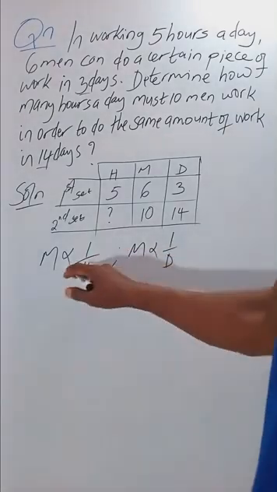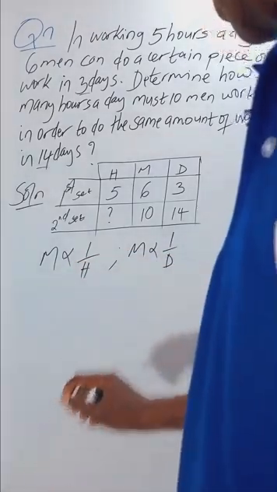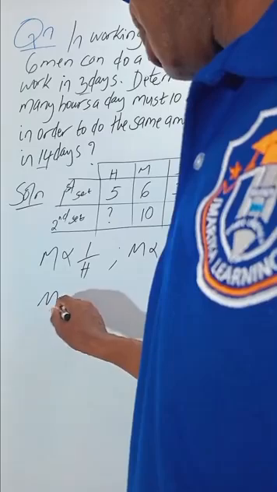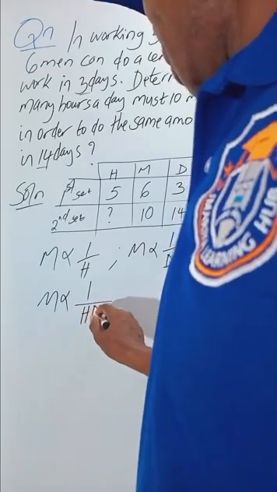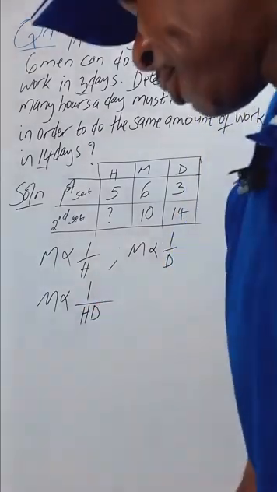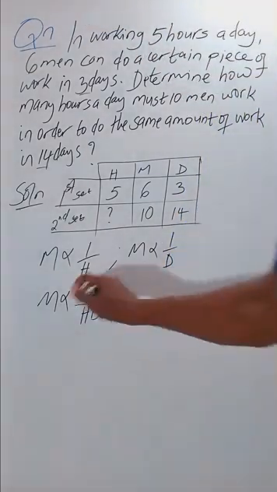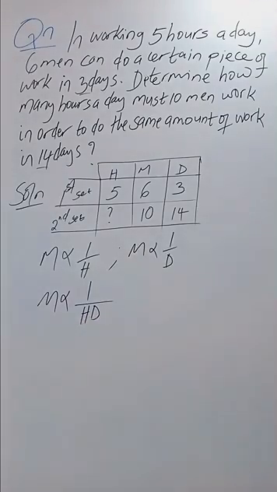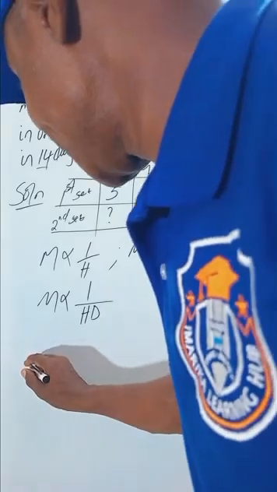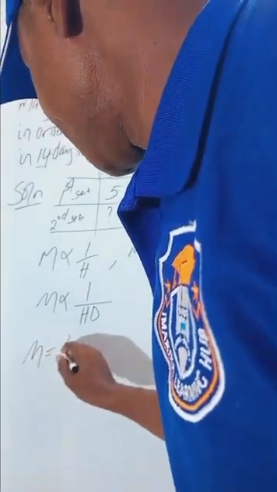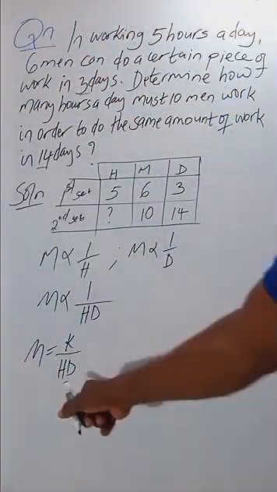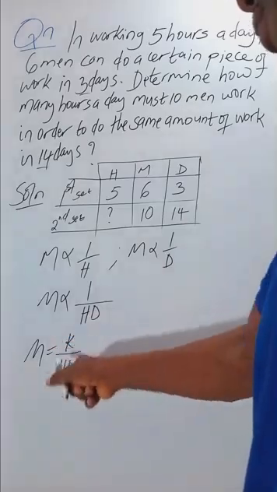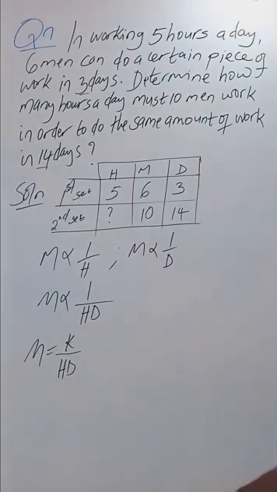These two expressions can be combined to give us this: men are inversely proportional to hours times days. This is our expression. Removing the proportionality sign by introducing the constant of proportionality, call it K, then you shall say men equals constant over HD, hours and days, not high definition, no, hours and days.